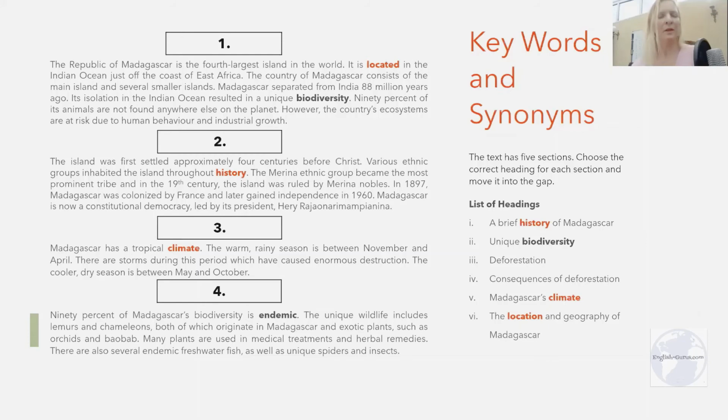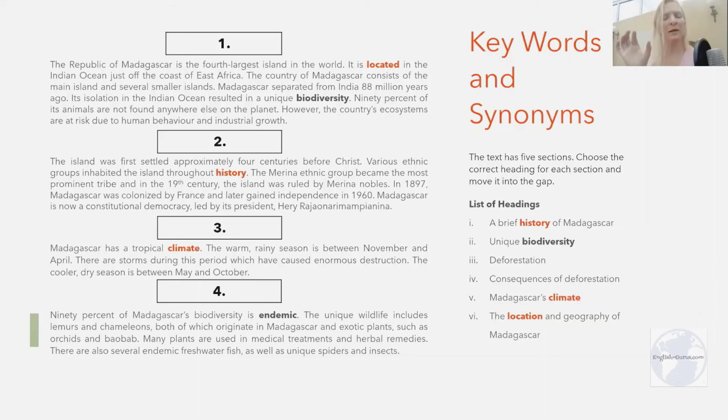So there might be some words you don't recognize, like endemic or wildlife or lemur, chameleon. These are very specific words, but in general, you'll probably see that the main idea of this paragraph is related to plants and to animals. Because it talks specifically about plants, herbal treatments, fish.